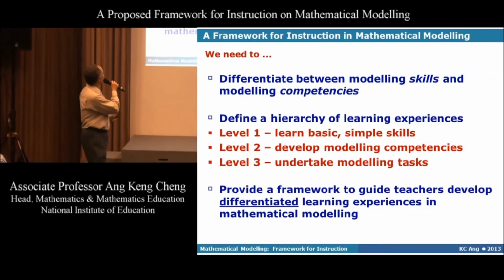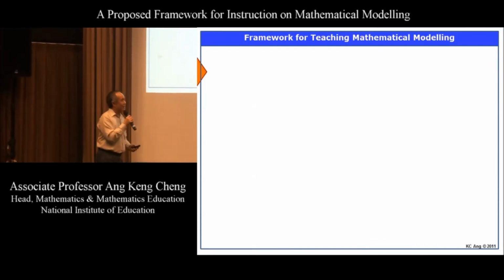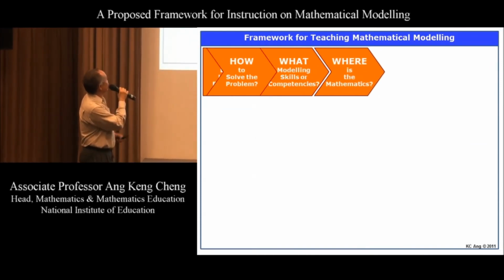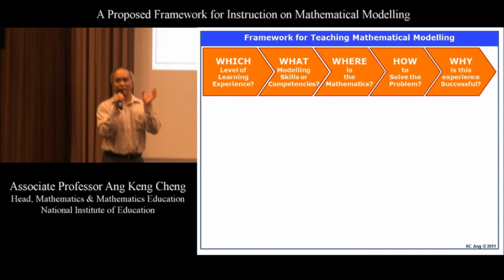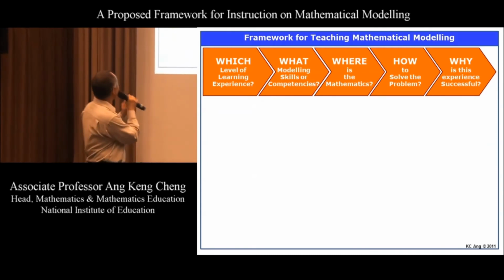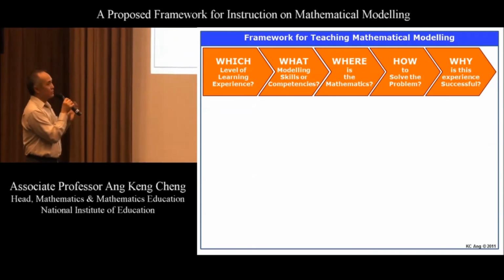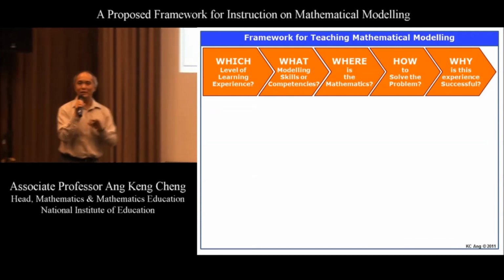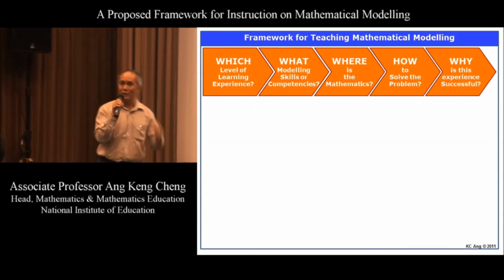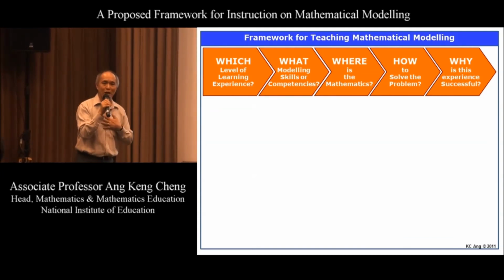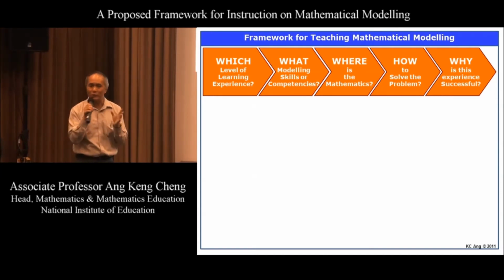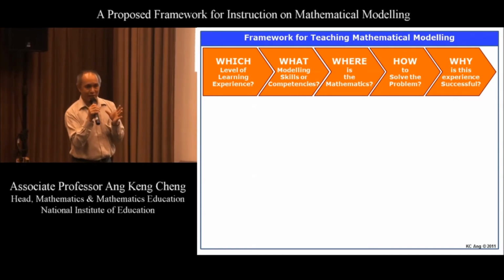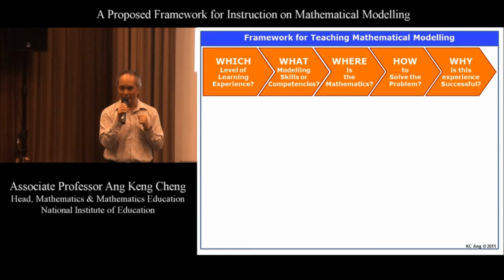Okay, so what does this framework look like? This framework just consists of 5 questions. The first question is, which level of learning experience? Because we are talking about different levels, the first question we need to ask ourselves is, if we want to design a task, which level are we targeting?